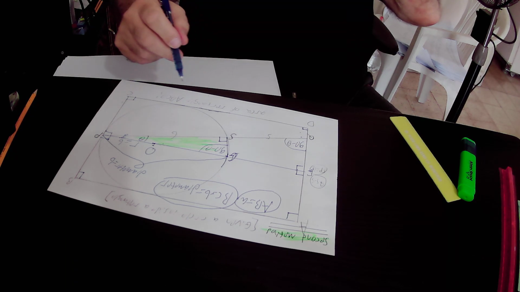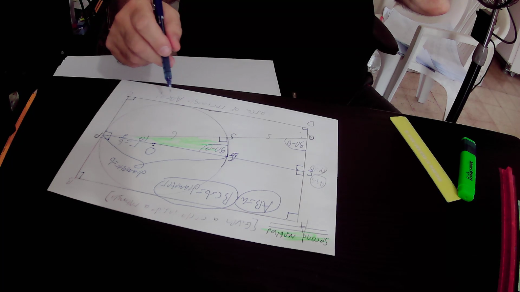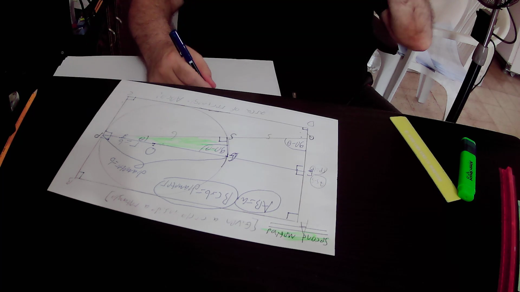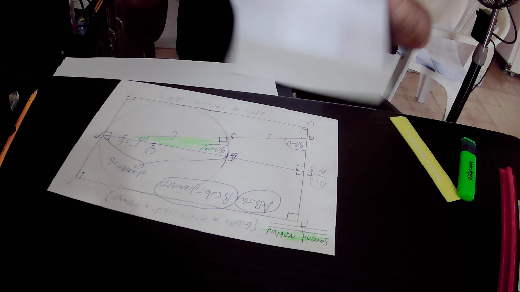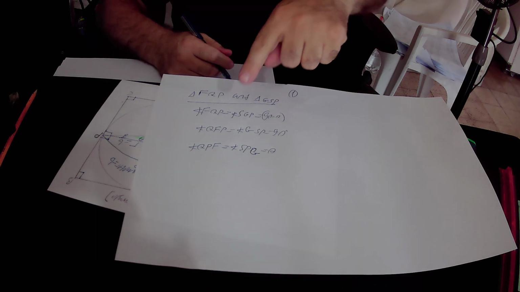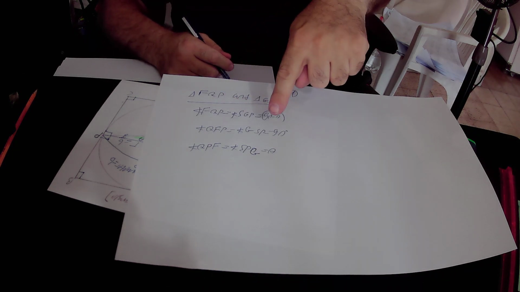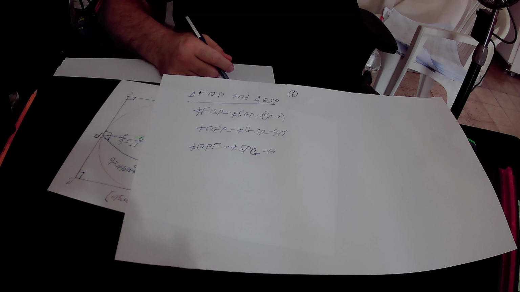You can call angle theta also angle SPG. Two different names for the same angle. So repeat again, angle QPF equals angle SGP, so angle theta equals itself.